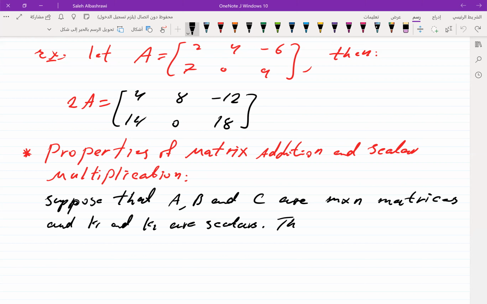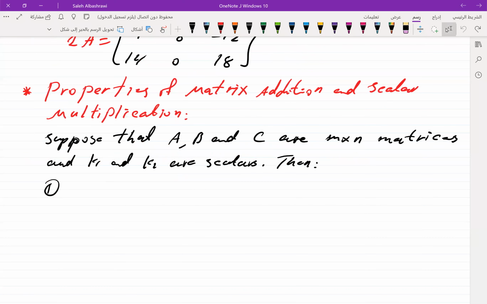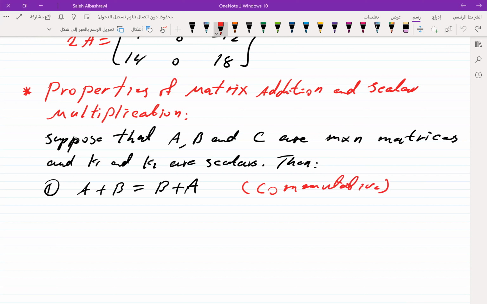Then number 1, A plus B equal to B plus A. So this is commutative. The addition of the matrices is commutative. A plus B equal to B plus A.